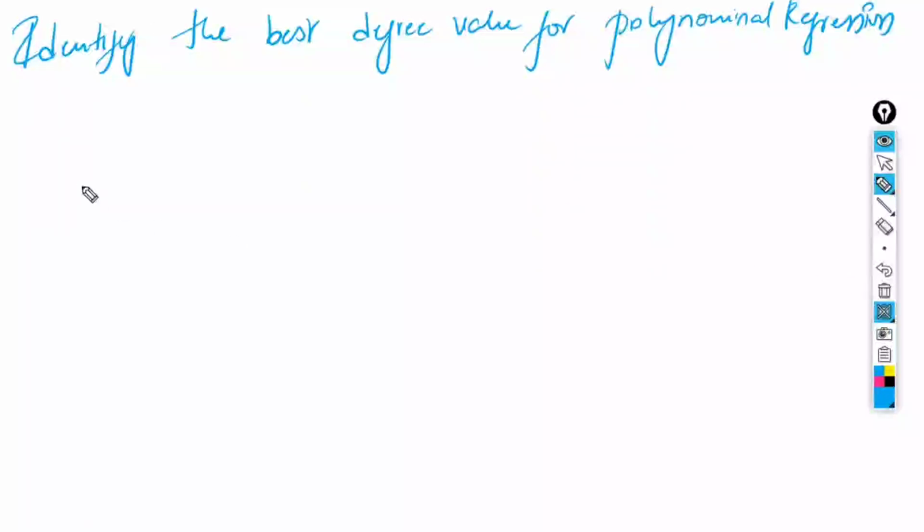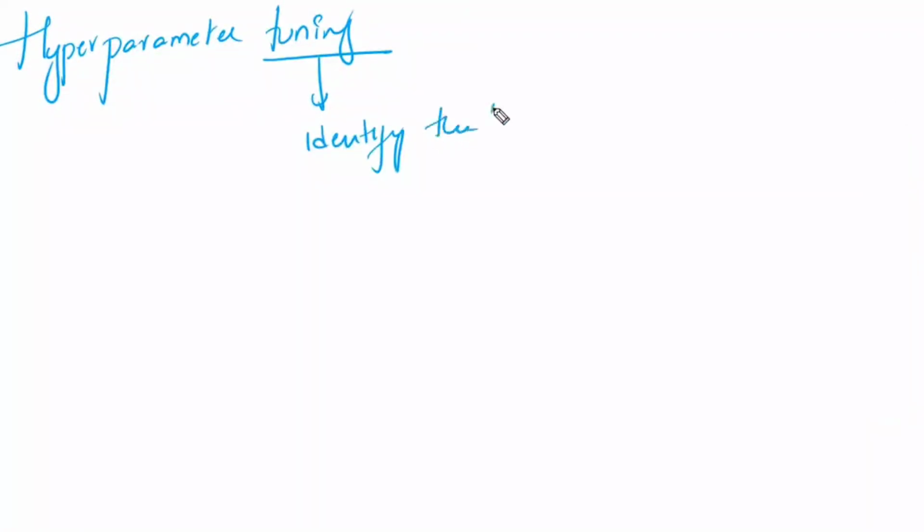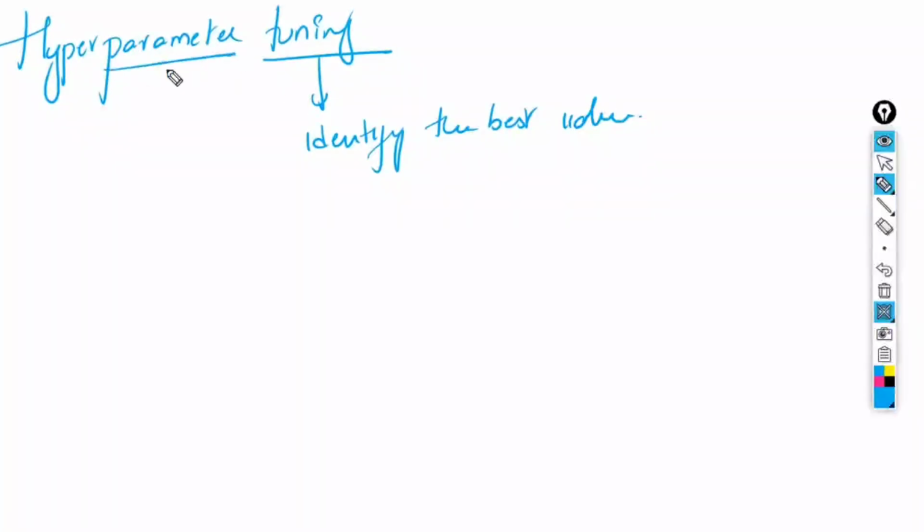Okay. Now what is meant by hyperparameter tuning? Let us take the heading hyperparameter tuning. Tuning means identifying the best one. Identifying the best value is called tuning. Parameter means a particular thing.